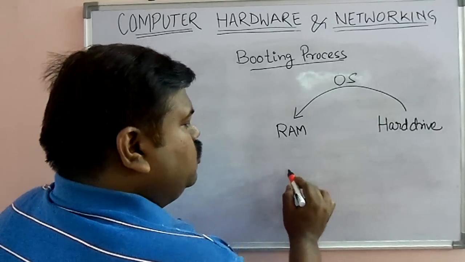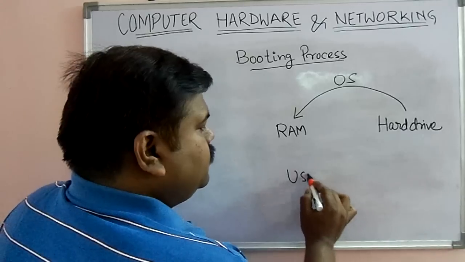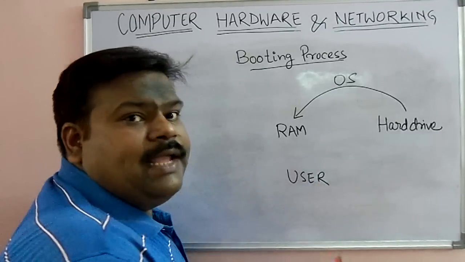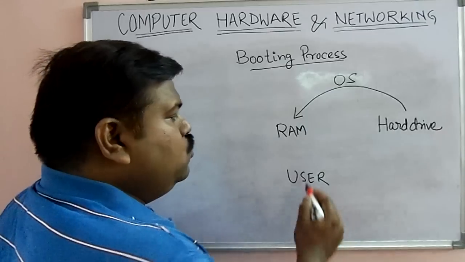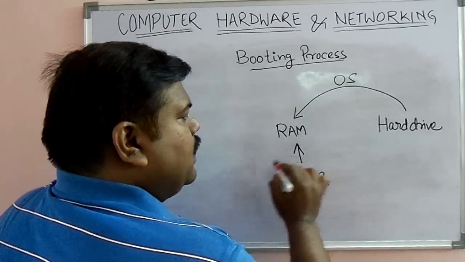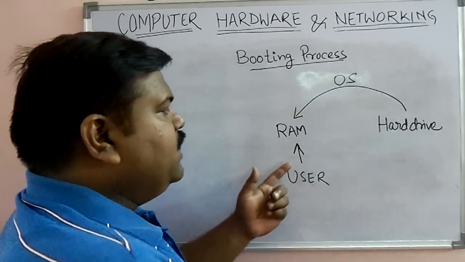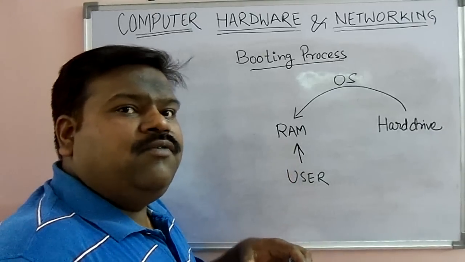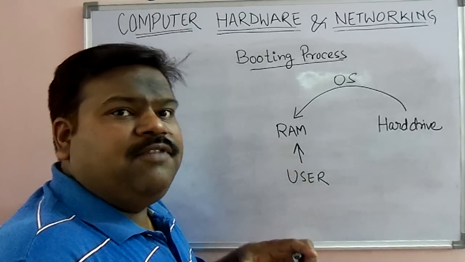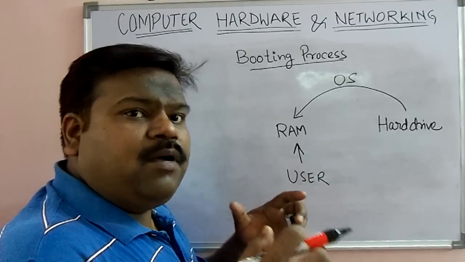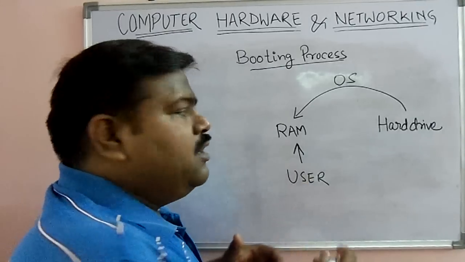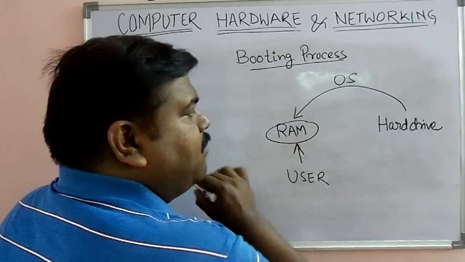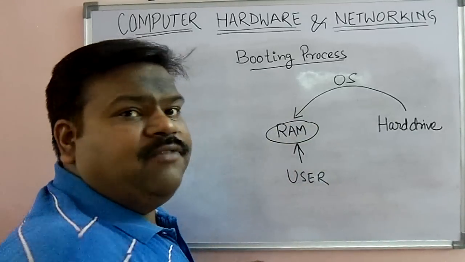So a user like us, we work on RAM. We always work on RAM. If we are designing anything, or working on MS Word, Excel, PowerPoint, where are we working? We are working on this RAM, not on the hard drive.